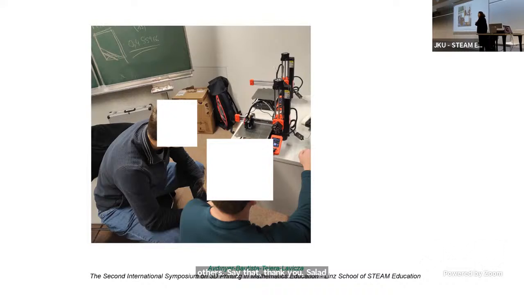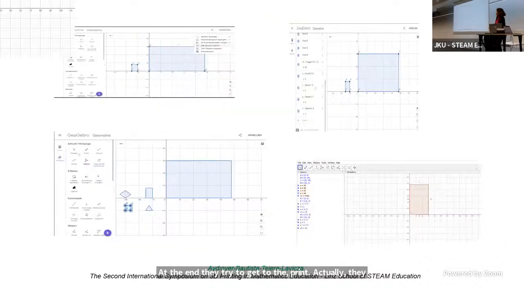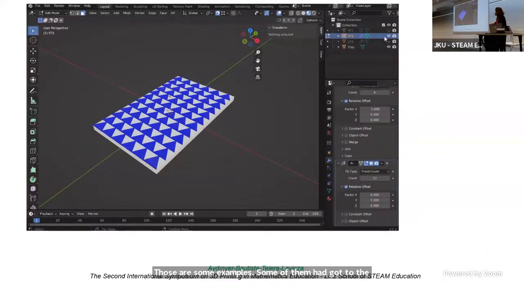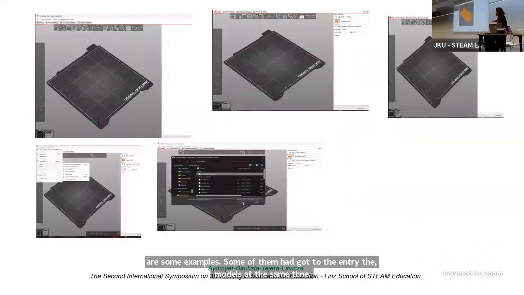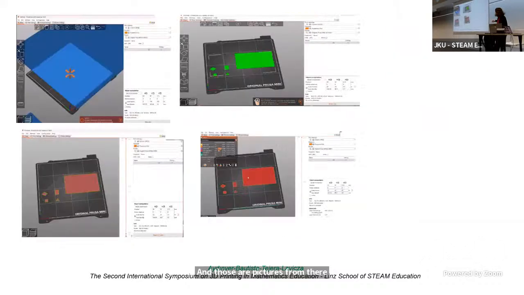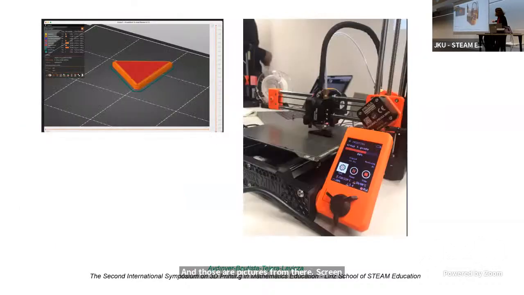At the end, they tried to get a 3D print. Actually, they were observing it. Those are some examples. Some of them had both 2D and 3D models at the same time. And those are pictures from their screen, their work.